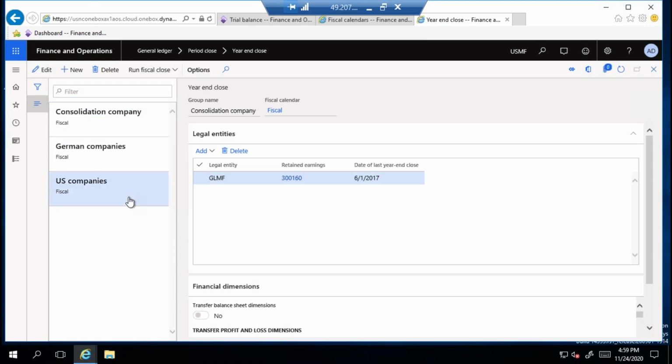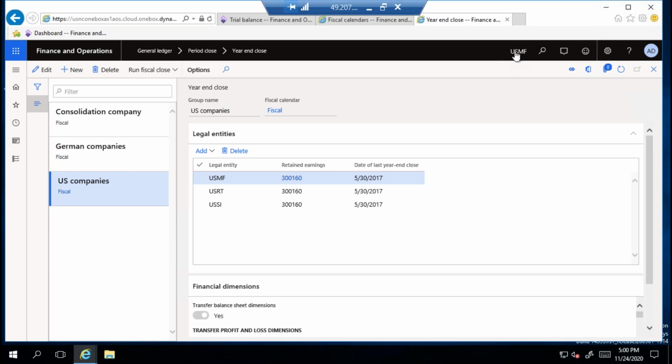So in 2012 and D365, in 2012 you can execute this year-end process for that company only, for that specific legal entity only. Whereas in D365 you can execute for other legal entities also. Okay, I will explain the difference between 2012 and D365.